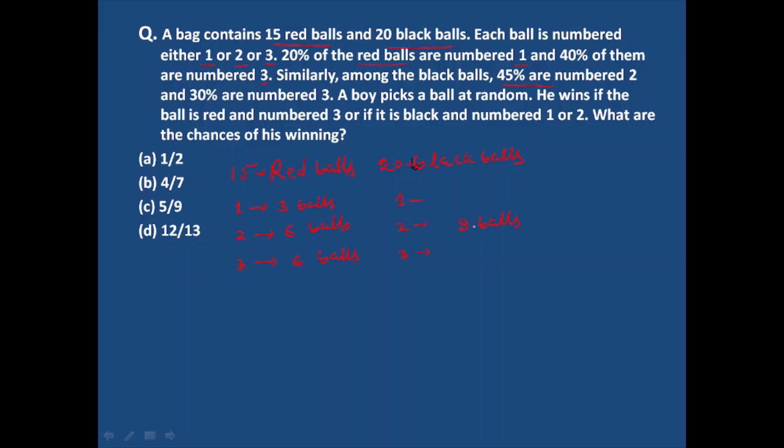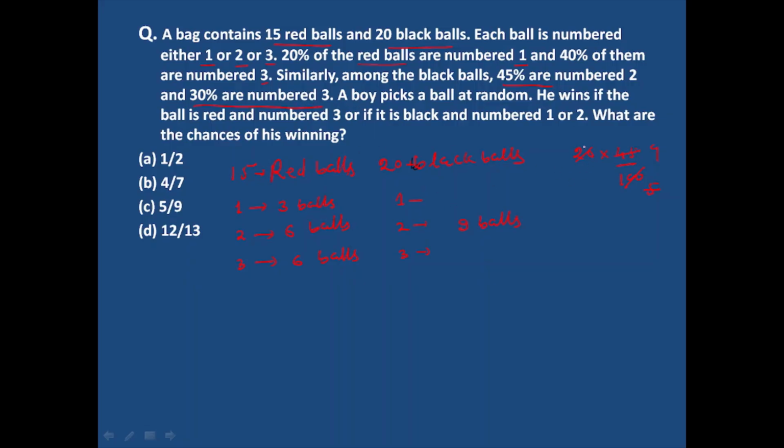How did we get 9 balls? 20 into 45 divided by 100. So 9 balls are numbered 2, and 30% are number 3.